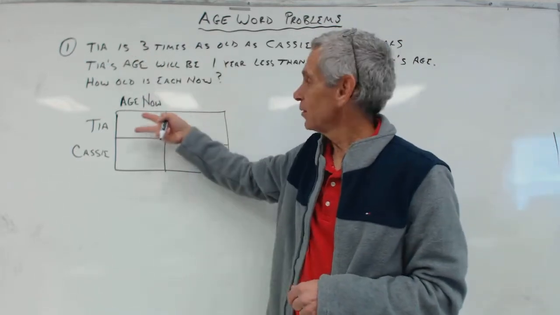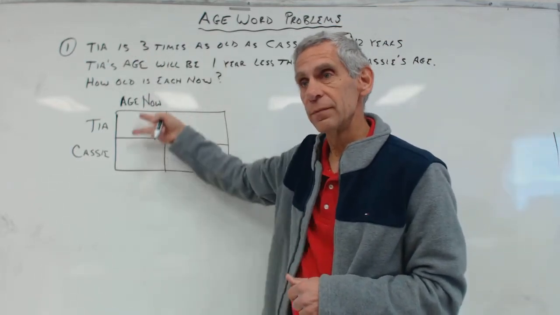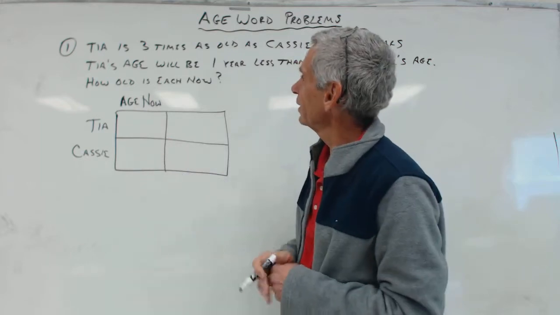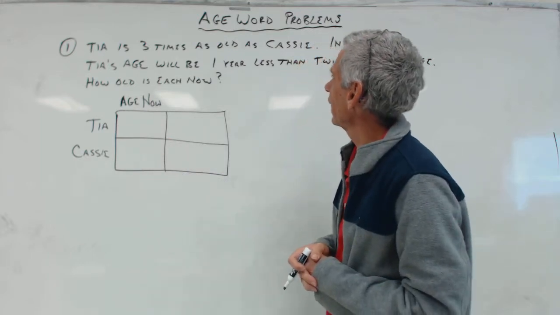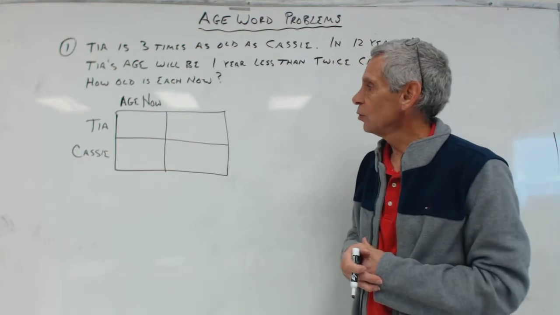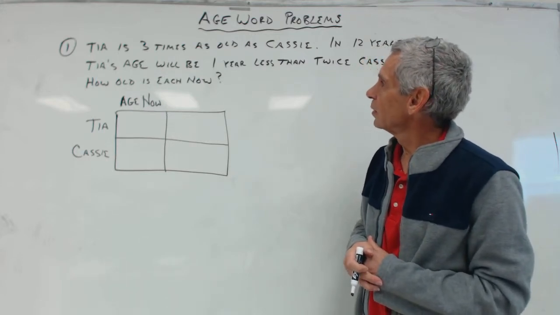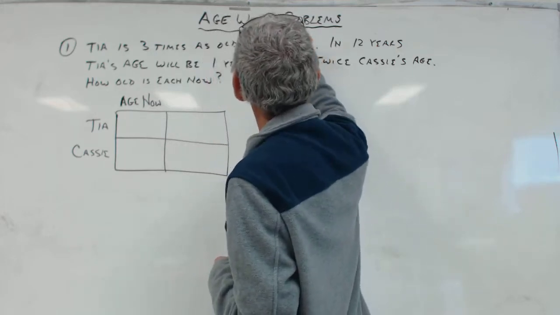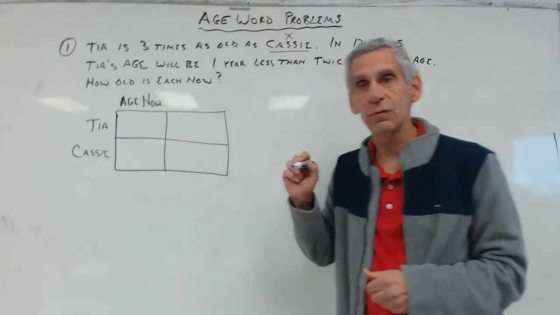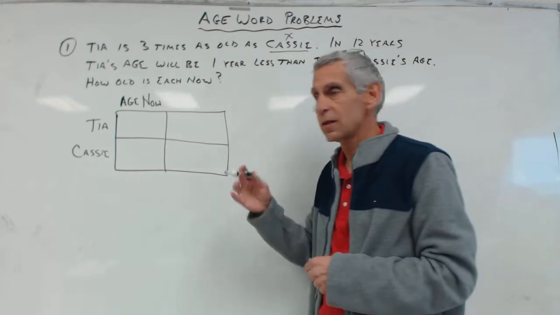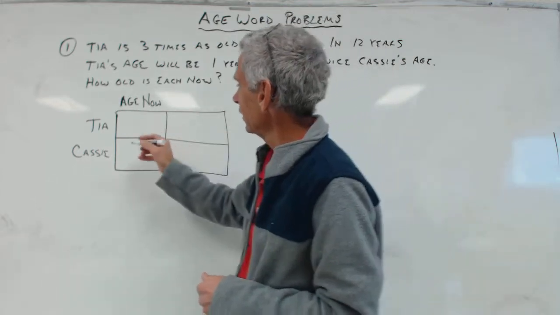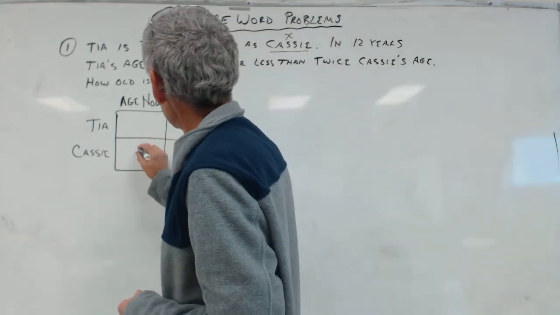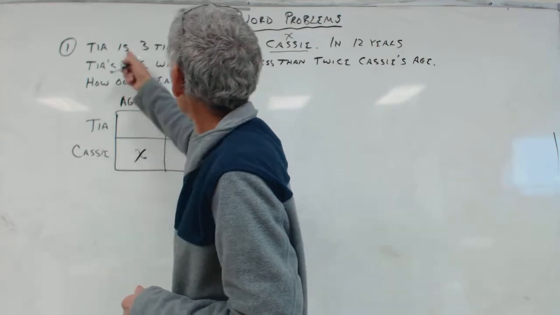Usually in the first sentence, we can fill in this first column. It says Tia is 3 times as old as Cassie. So who's younger? Cassie. So let's make the youngest person x, like we used to do with the other number word problems. Youngest person is x, so Cassie is x.